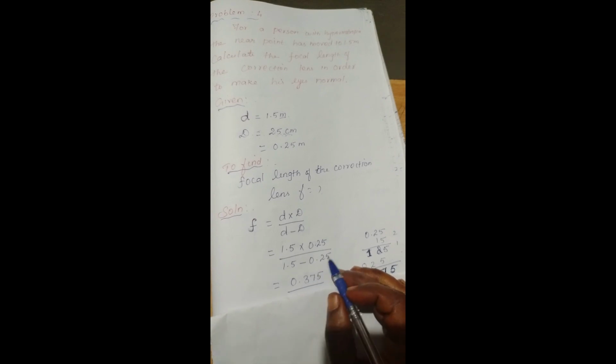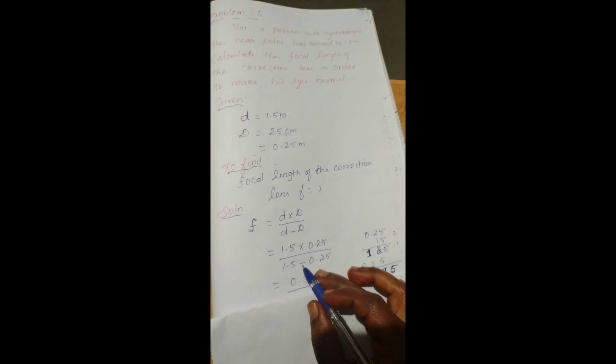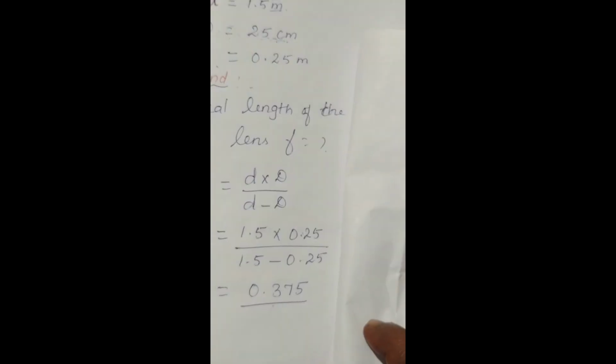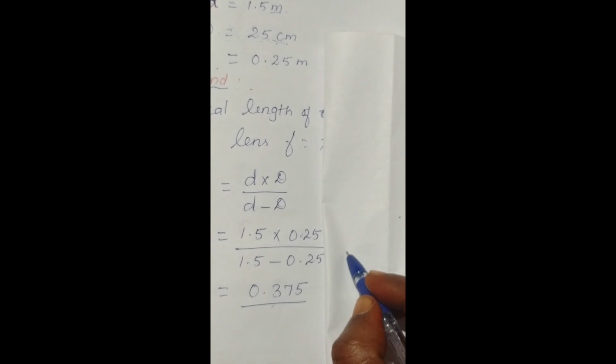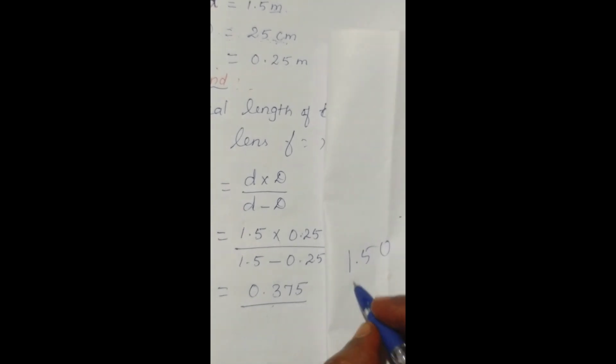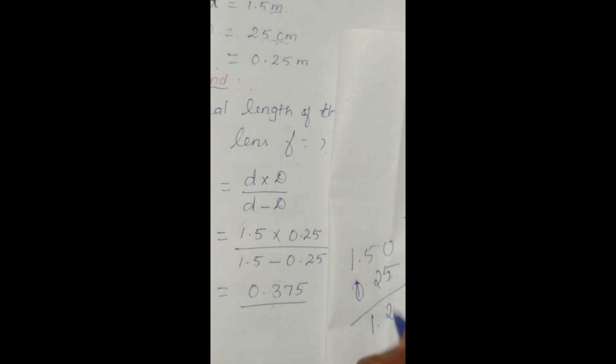And you have to subtract 1.5 minus 0.25. If you are subtracting, what's the answer? So the answer is 1.25.